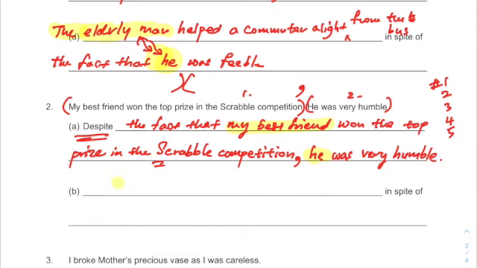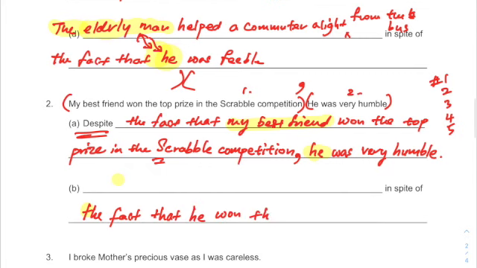So in spite of the fact that, always remember the reason follows the connector. He won the top prize in the Scrabble competition. I'm writing a little bit bigger, so not getting enough space, but please don't make the same mistake as me.